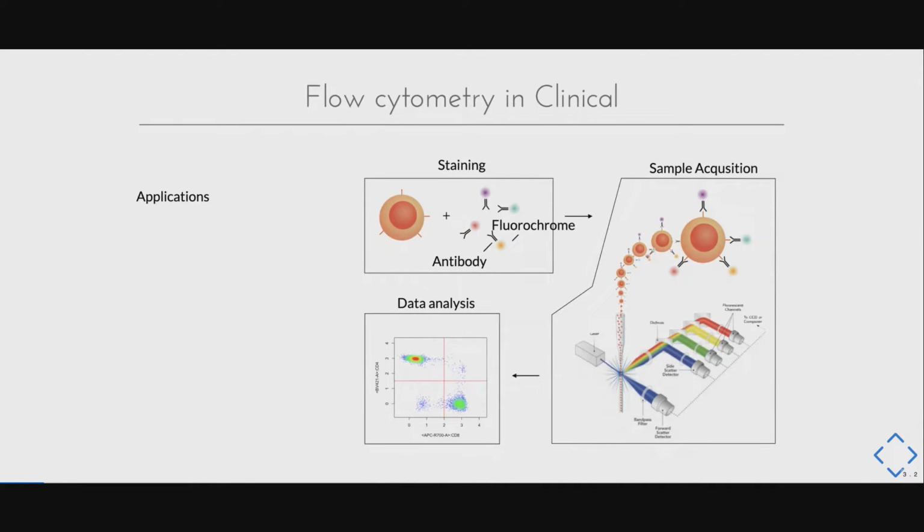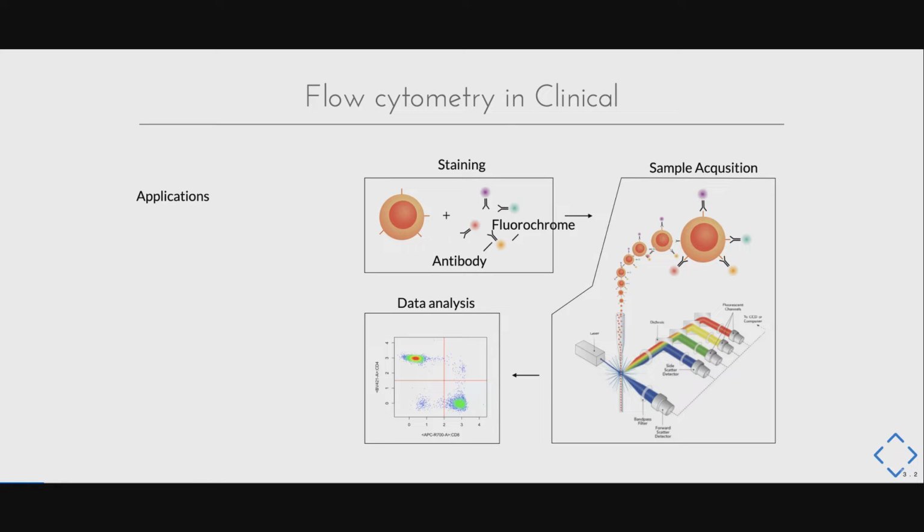So first, clinical flow cytometry in the lab. For those who are not familiar with flow cytometry, it is a very powerful tool for measuring and evaluating the immune phenotypes in individual cells. Here is a simplified flow cytometry workflow. We first label the antigens, often cluster of differentiation called CD markers, with fluorochromes through antigen-antibody reactions.